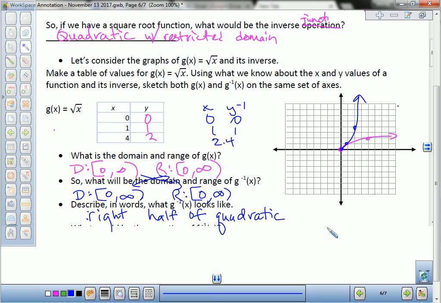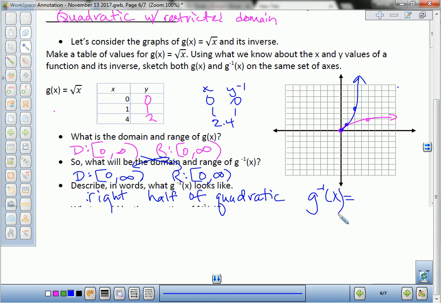All right, so let's go find that equation. What does that inverse look like? What does it equal? We know it's only the right half of a parabola.